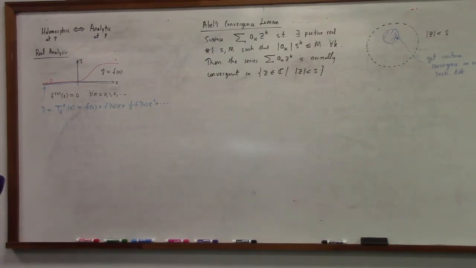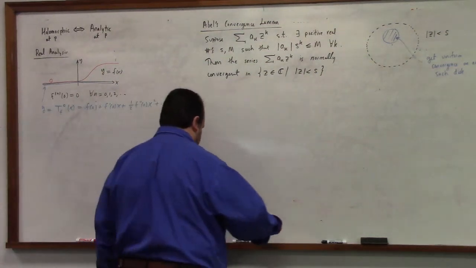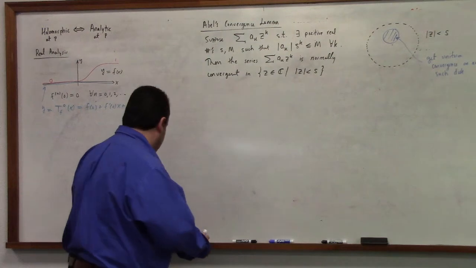So it's uniform convergence of the sequence of partial sums on any closed disk. That's normal convergence. Okay, so how do you prove this Abel's lemma?